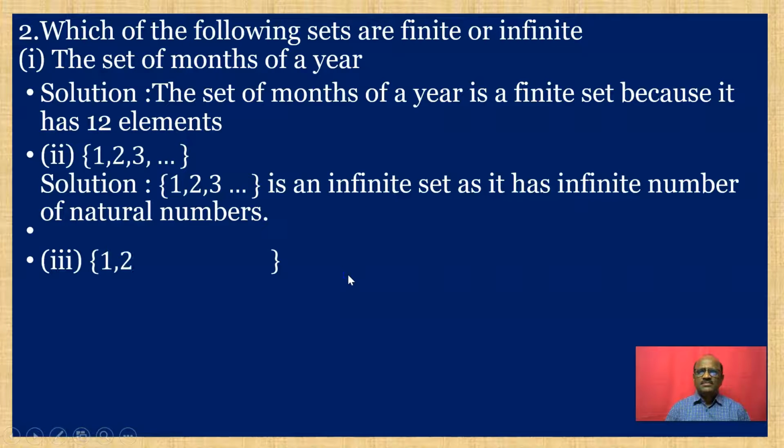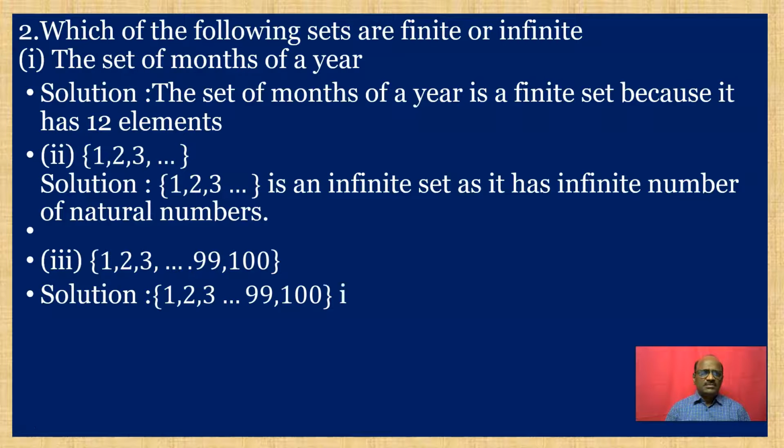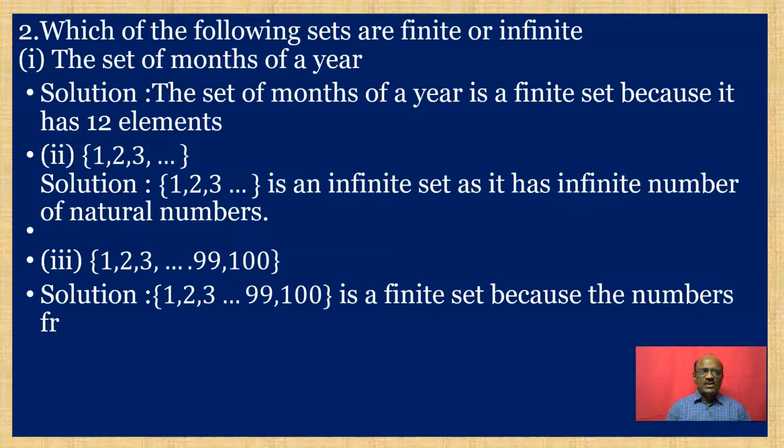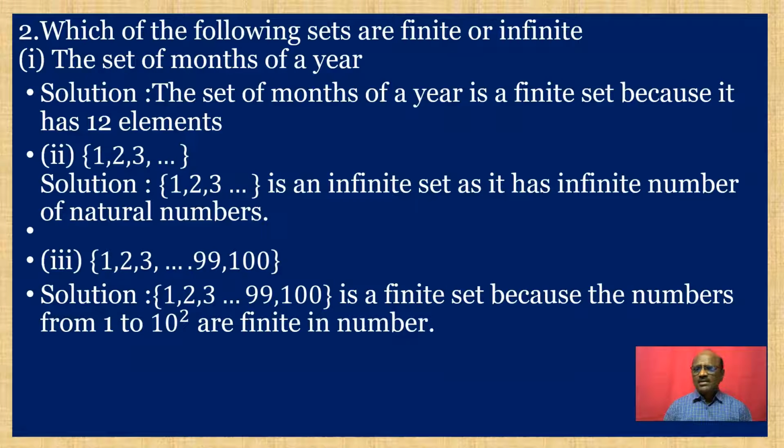Next, 1, 2, 3 up to 99, up to 100. And this is finite. It is a finite set because the numbers from 1 to 10 square are finite in number.